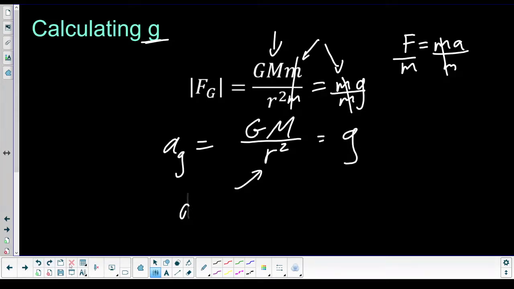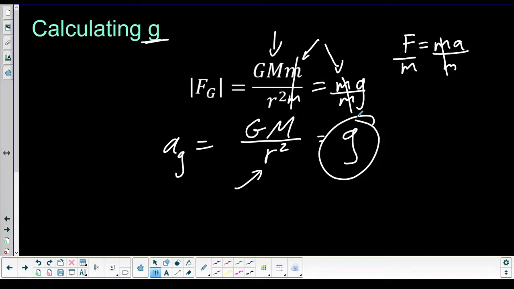I give up. I tried twice and it wasn't going to work. This is the distance from the center of mass, which is pretty much the center of everything. It gets a little finicky when you look at humans and things that aren't balls, but so gravitational constant times the mass of the thing divided by the distance from the center of the thing squared, that will tell us the acceleration due to gravity because of an object.